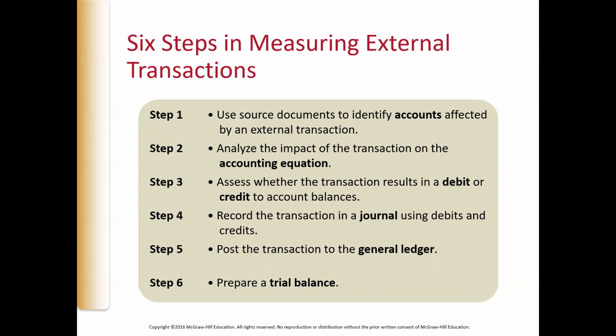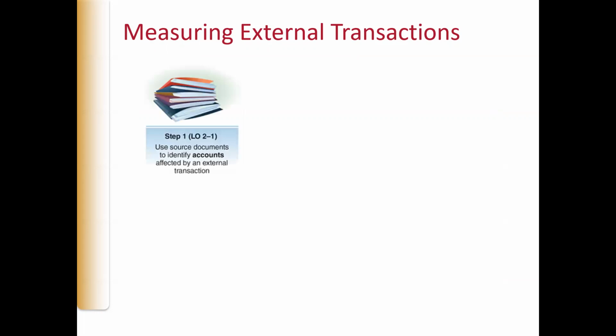We're going to learn something new called a debit and a credit. Then we're going to record these transactions in a journal. We're going to post them to the general ledger, and we're going to look at preparing what's called a trial balance. So we've got a lot to cover this week. And again, if you have any questions, you ask.